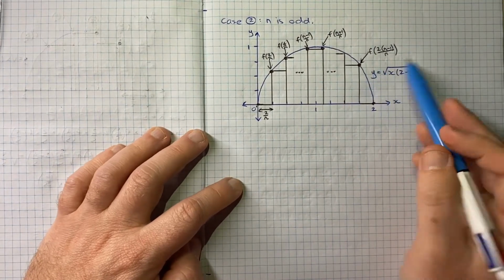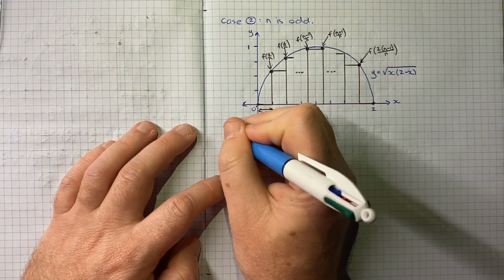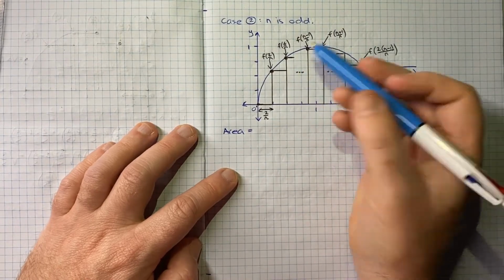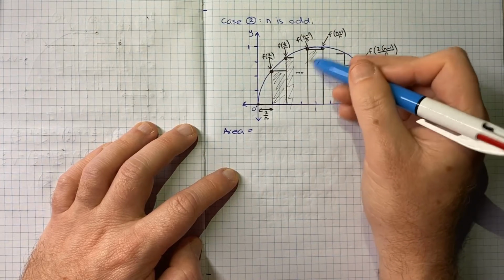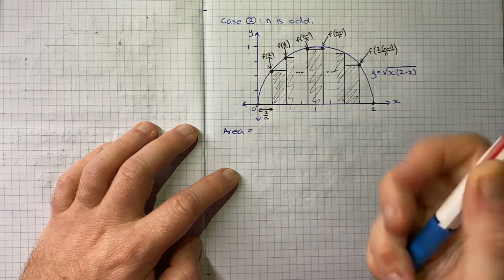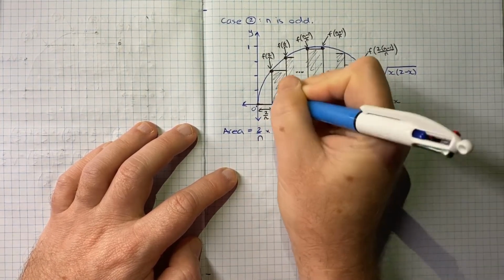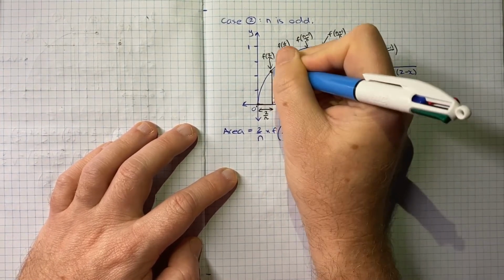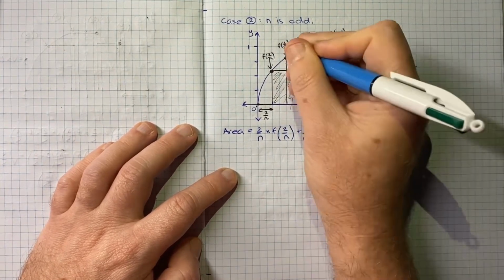And so as we have in all the prior cases, we're just putting this all together to get our result for our area. So in this case, the area will be, if I just shade what we're dealing with, kind of all of this. So it's going to be the width, which all these rectangles will have a width of 2 on n, times the value of the function at 2 on n, since that's the height of the rectangle, plus 2 on n times the function at 4 on n.